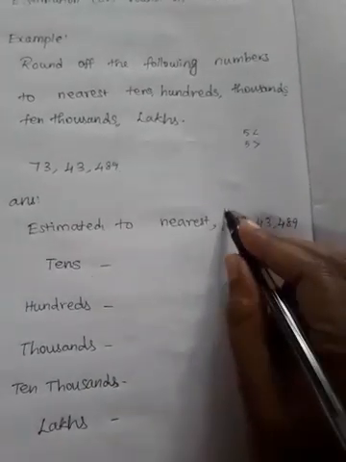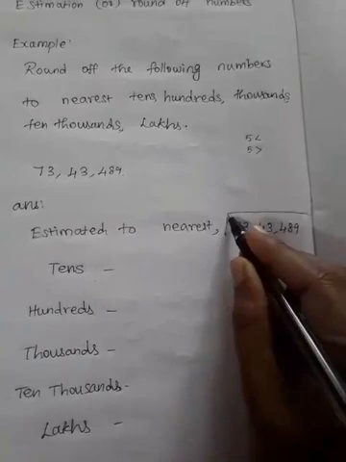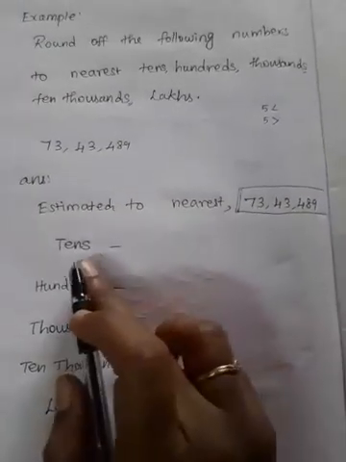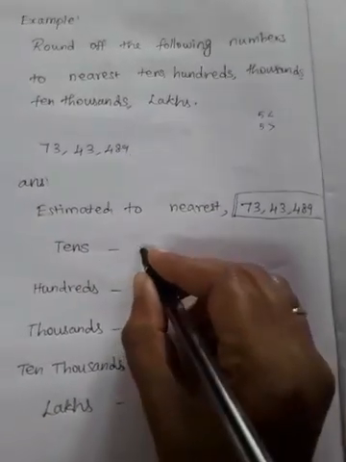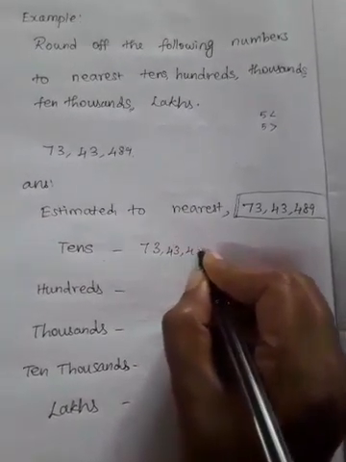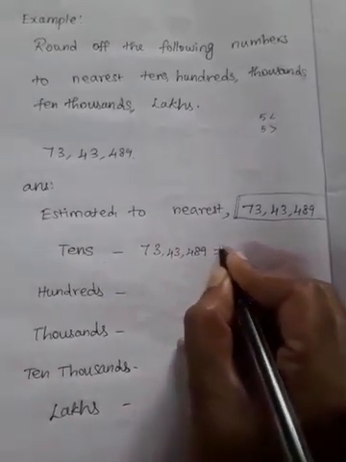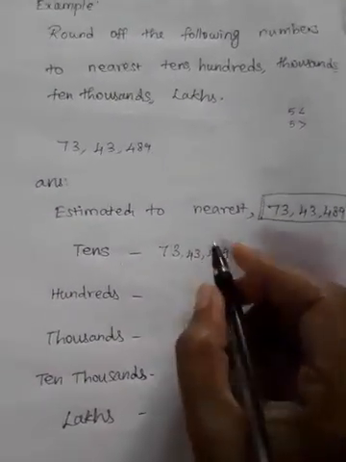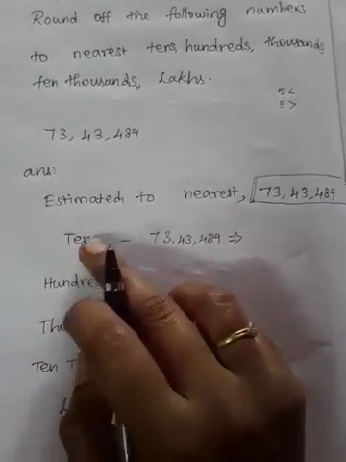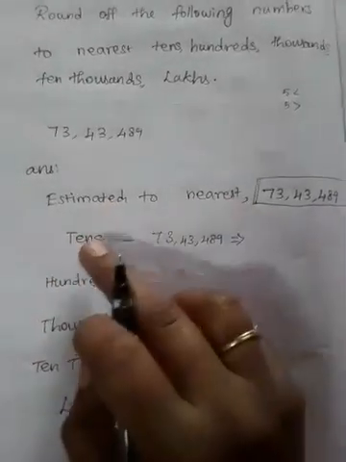The given number is 73 lakhs 43,489. Okay, so the first one is tens. Before going to round off the numbers, first you want to check the place value of tens, because you should estimate to the nearest tens.